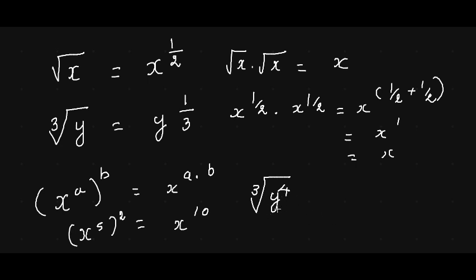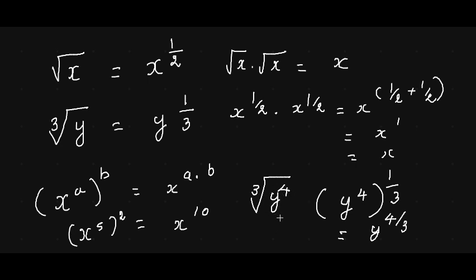You can break this down into y to the power of 4, the whole thing to the power of 1 by 3. Based on what we are doing here, it's equal to y to the power of 4 multiplied by 1 by 3, which is 4 by 3. So you can have fractions like 4 by 3 as powers.